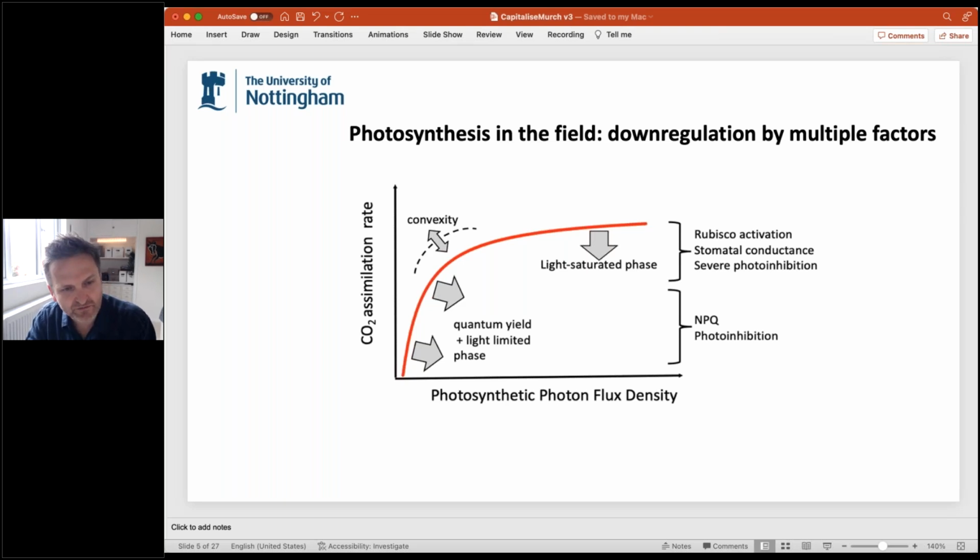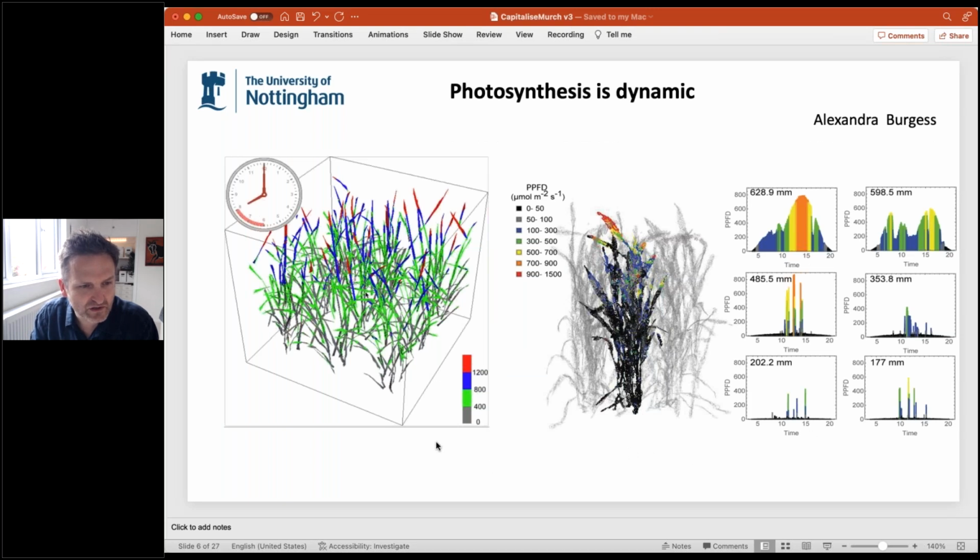And light fluctuations themselves cause this by slow induction and slow recovery from the high light phases.